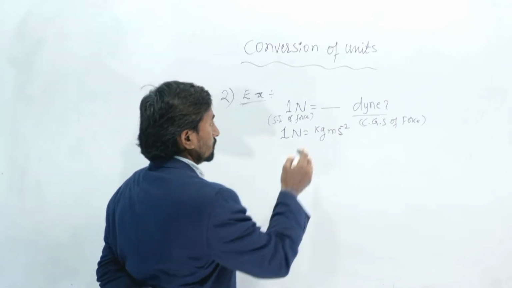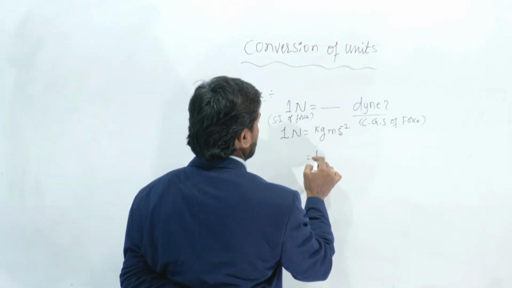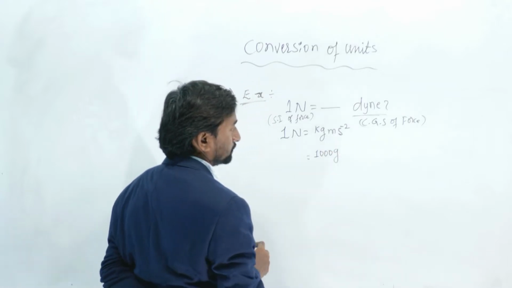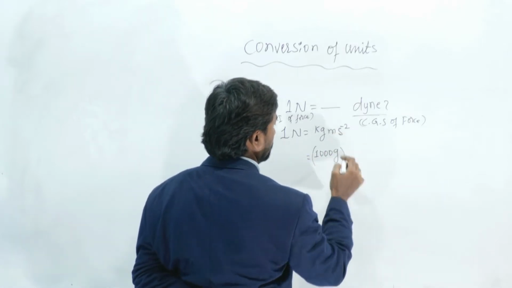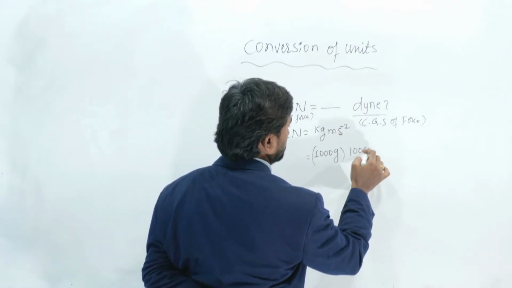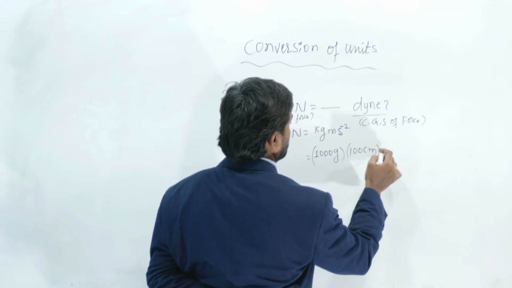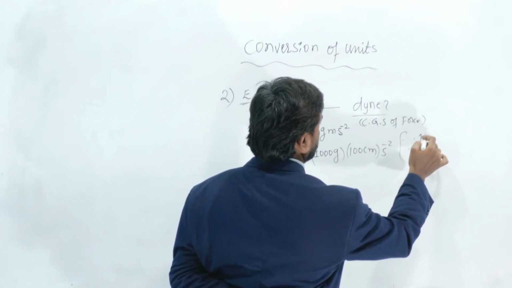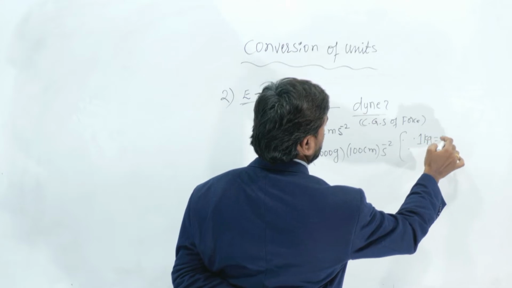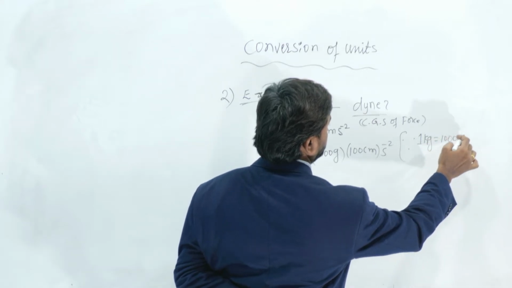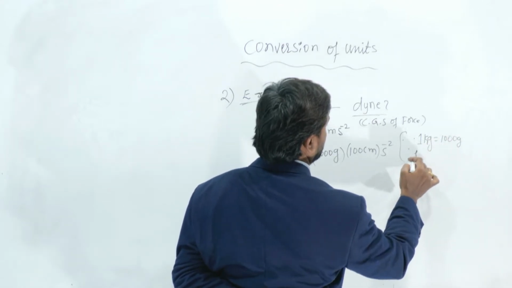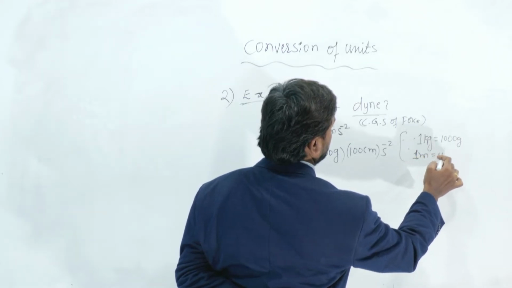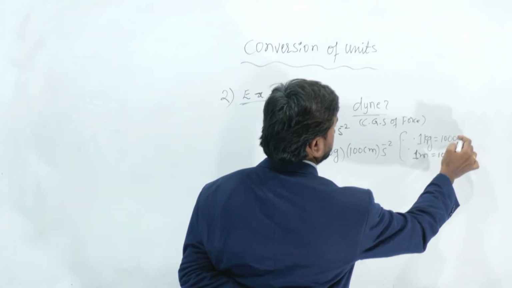Now 1 kg is 1000 grams, and 1 meter is 100 centimeters.